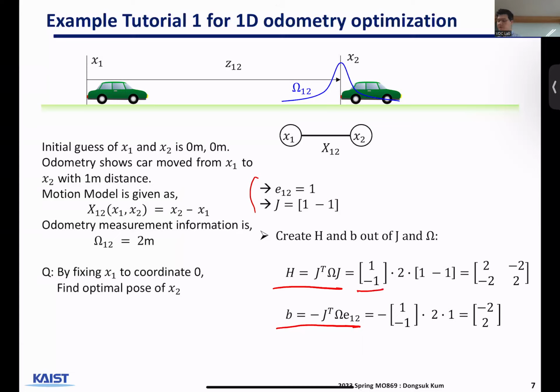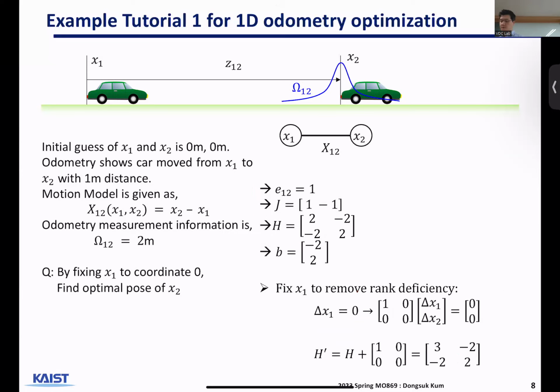So here's the Jacobian, sort of covariance, let's say. And then Jacobian again, Jacobian omega E12. And if you just work that out, then you're going to get this matrix and vector, which is H and B, okay? So this is what we got so far. We have E12, we have the Jacobian, we have H, we have B.